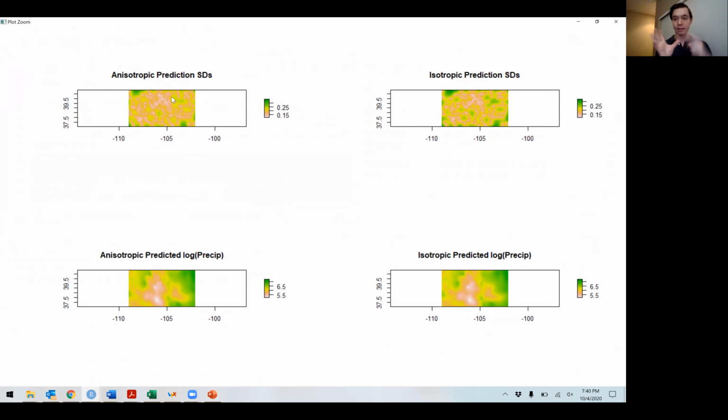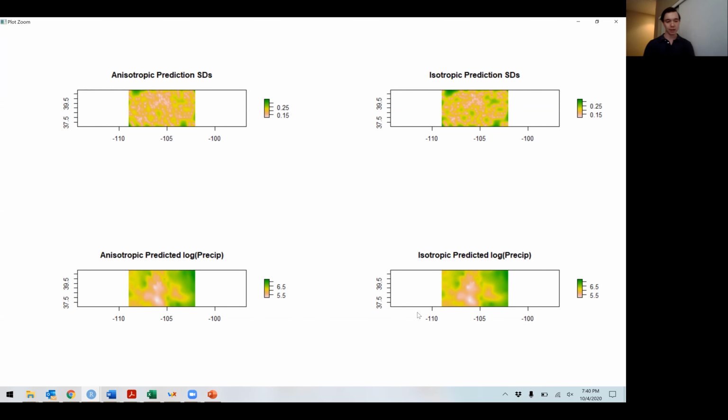And these are deformed by 1.5 in the longer direction and rotated counterclockwise by 155 or counterclockwise by minus 25. So you can see pretty easily the effect that anisotropy had on our prediction standard deviations.